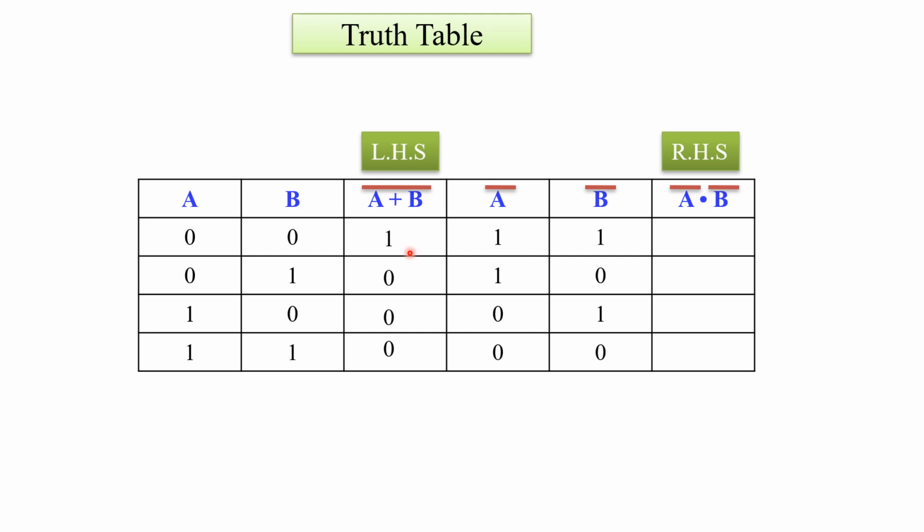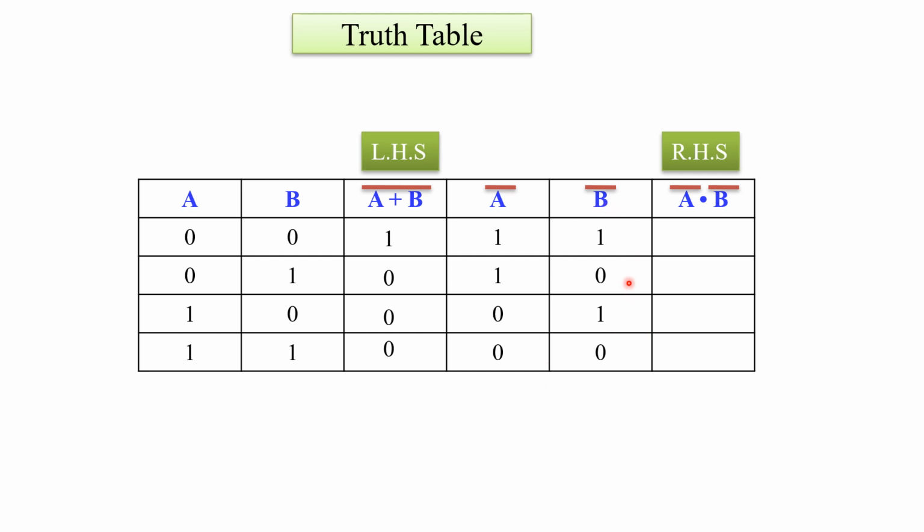Now for the right hand side, first we have to complement the inputs. For A we want A bar: 0 bar is 1, 0 bar is 1, 1 bar is 0, and 1 bar is 0. So A bar is 1 1 0 0. Similarly we take the complement of B: 0 bar is 1, 1 bar is 0, 0 bar is 1, and 1 bar is 0.